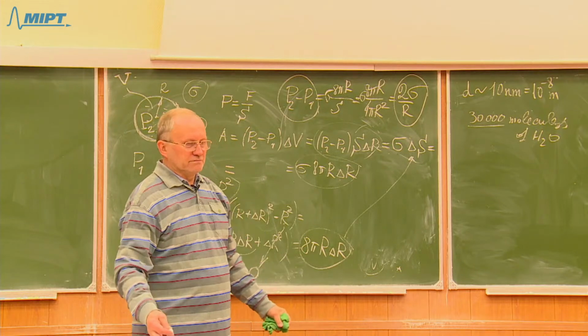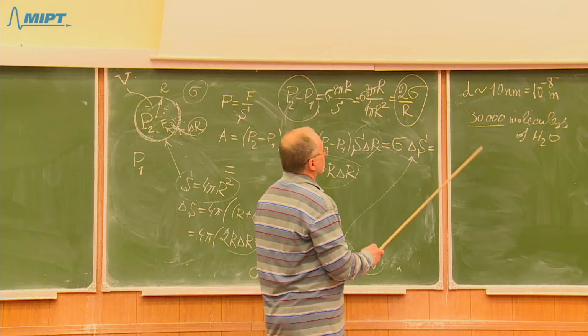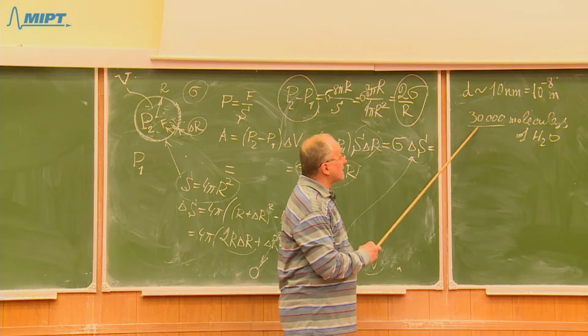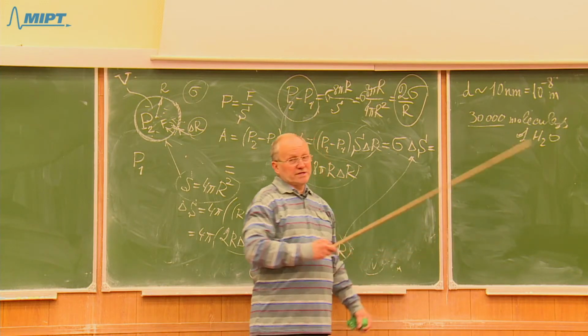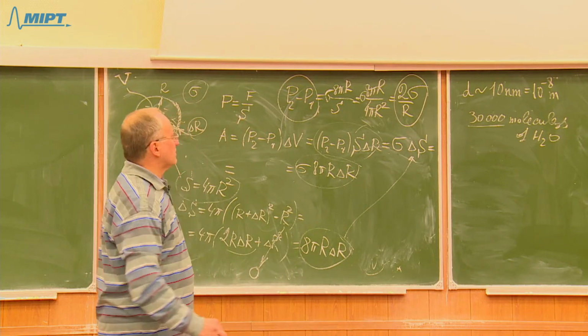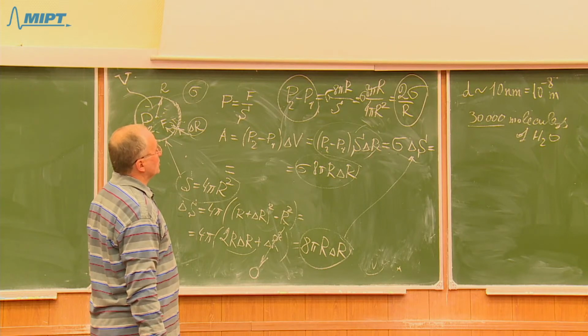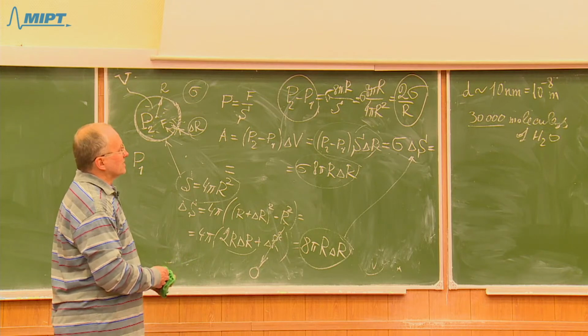I told you by the order of magnitude. It means that I consider such droplets which contain maybe 20 or 25,000 molecules, or 35 or 40, maybe 50,000 molecules. Anyway, a very small droplet of water, but still containing a very large number of molecules. Therefore, even such a small droplet may be considered classically.